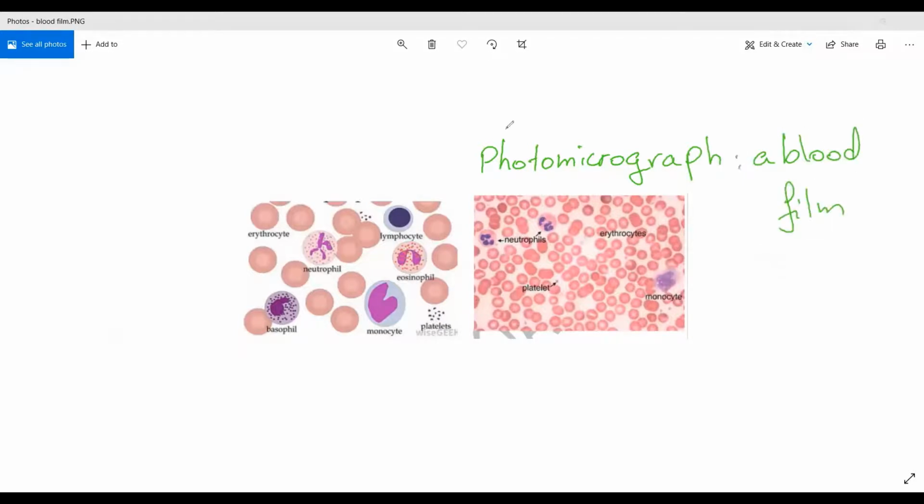So what's the meaning of photomicrograph? It is a picture from a light microscope. If the picture is an electron photomicrograph, then it is from an electron microscope.